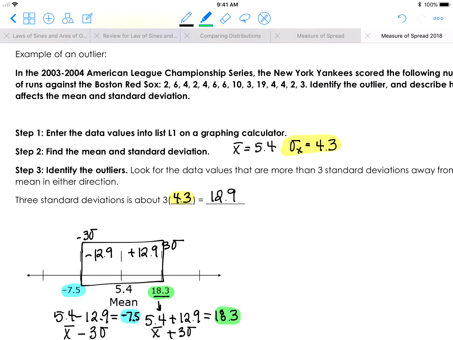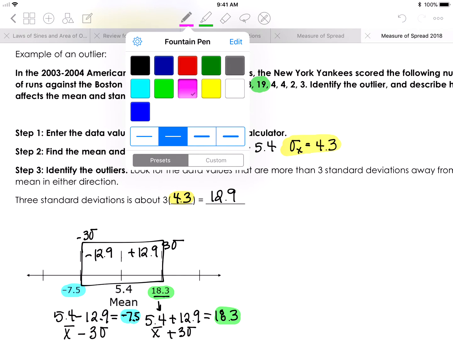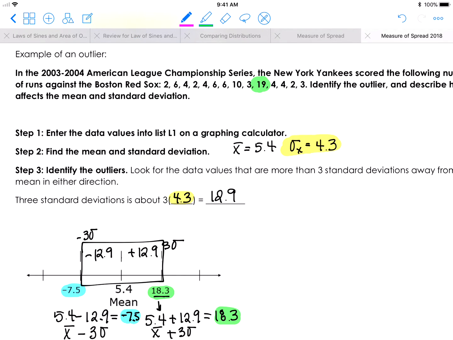Well, I see a 19. That's above our data set. 19 falls somewhere here, right? So any of these will be considered outliers. On this side too would be considered outliers.